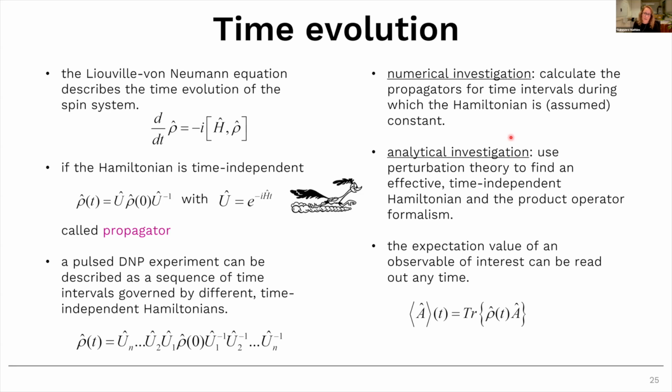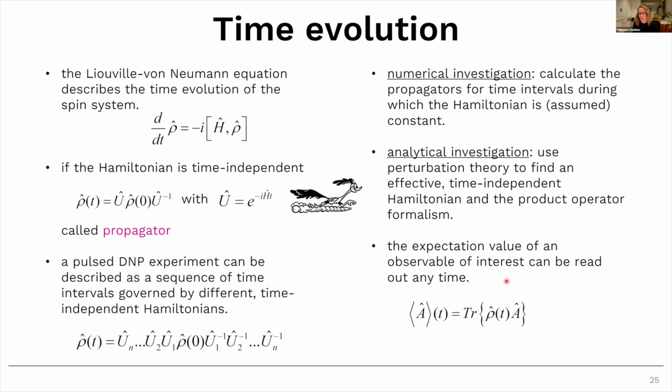However, it's still interesting and relevant to also look for an analytical investigation, because this typically gives you insight into how a pulse sequence works, and therefore it's important to do this if you want to design a pulse sequence. What you typically do here is use some form of perturbation theory to find an effective time-independent Hamiltonian that describes the evolution of your spin system.